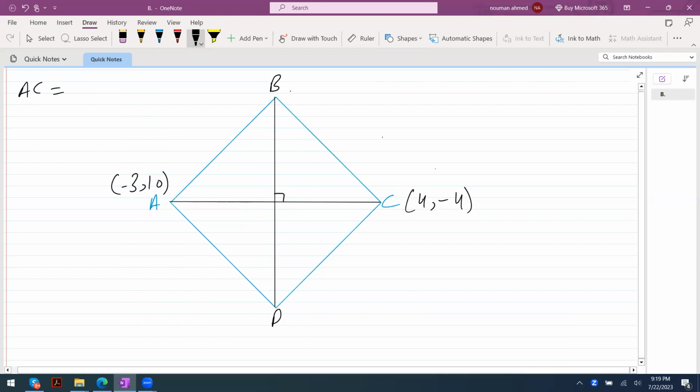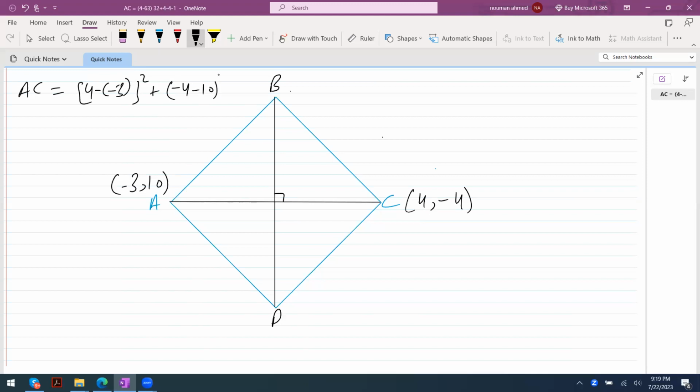AC is equal to the square root of (x2 minus x1) whole squared plus (y2 minus y1) whole squared. I hope you all remember the formula now. So it's 4 minus -3, whole squared, plus -4 minus 10, whole squared, and everything under the square root.